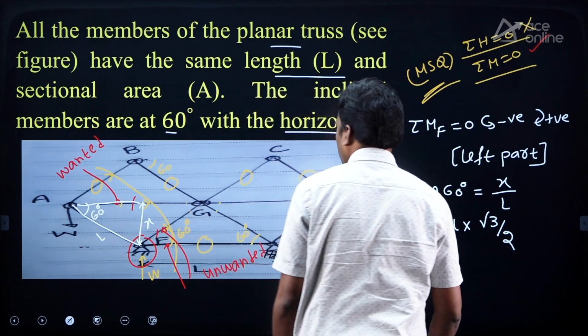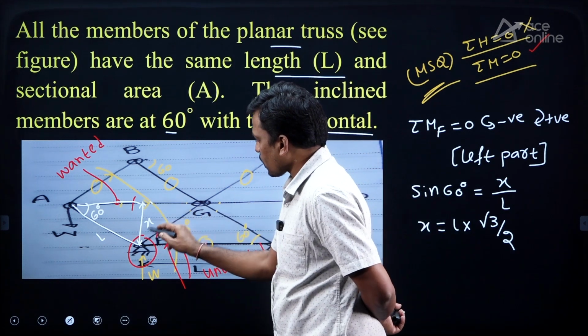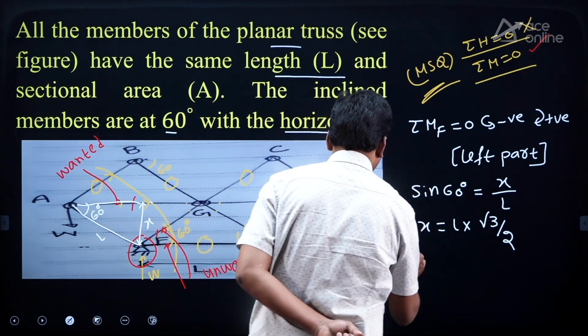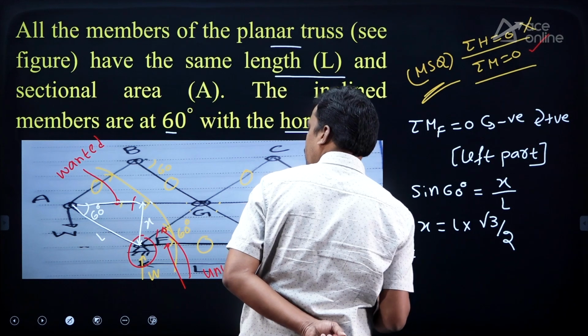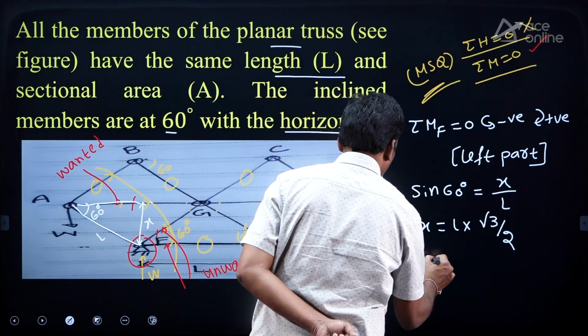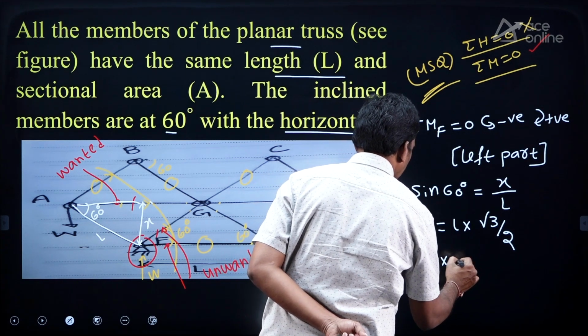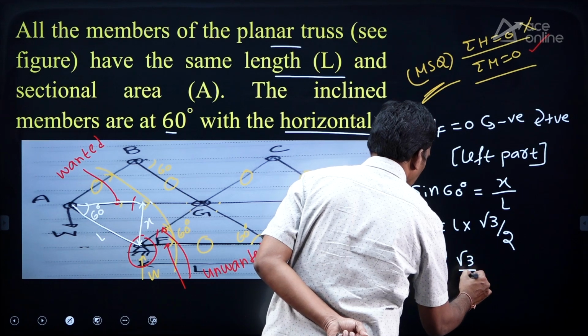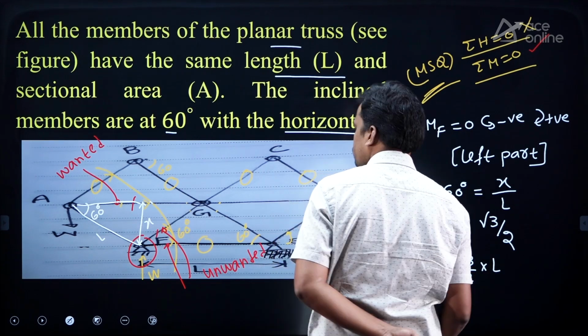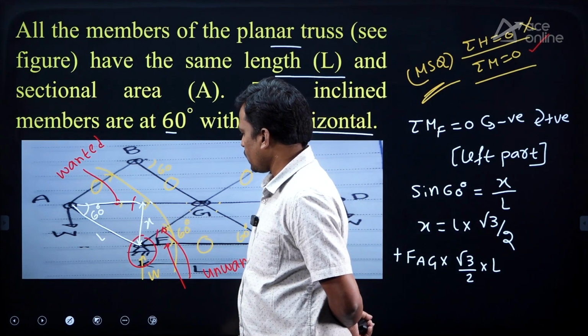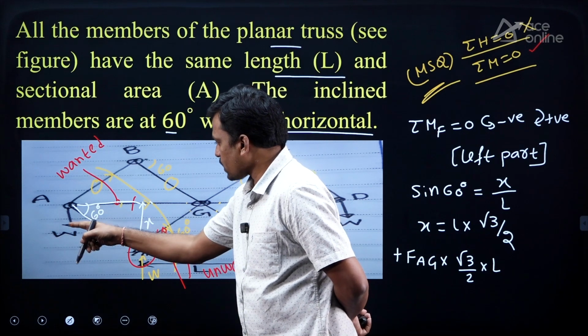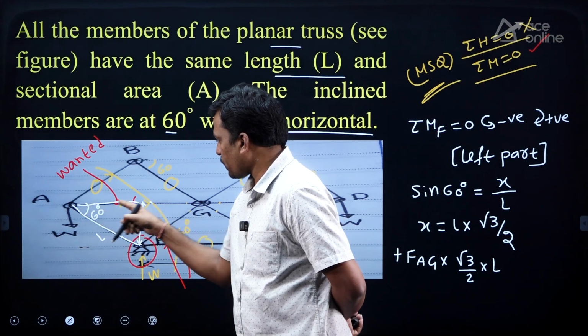Okay, right. Now look at here. So this is clockwise, positive, force in member AG and perpendicular distance is root 3 by 2 into L. Okay, then next this is anti-clockwise, right? What the perpendicular distance?